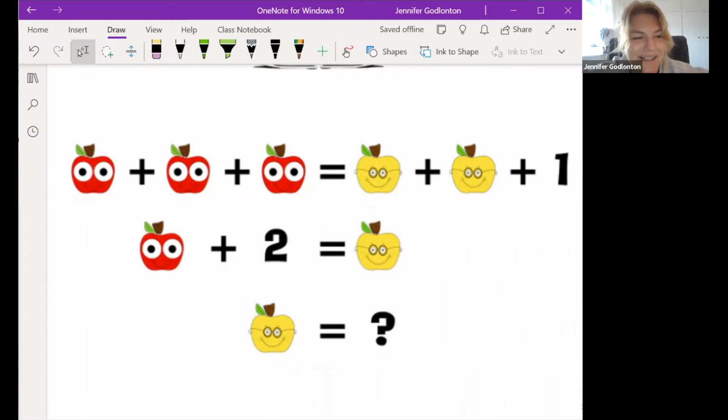So many different answers. Still not the answer I'm wanting to see. You have to figure out the red apple. If you can't figure out the red apple, you can't figure out the yellow apple.